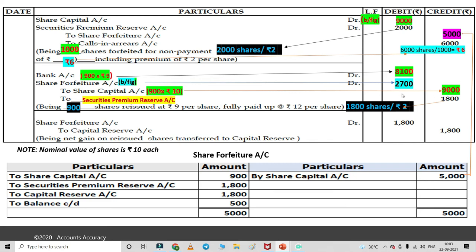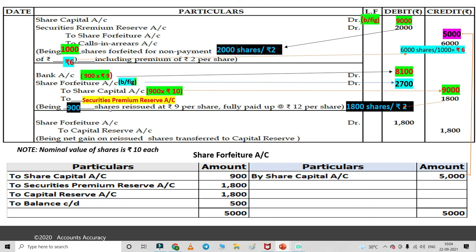So as we have got the value of share forfeiture account, 2,700, we can also check whether it's the correct value or not by seeing the capital reserve value. Here we can see that 5,000 was the share forfeiture for 1,000 shares. That means 5 rupees was the amount per share which got forfeited. So for 900 shares also 5 rupees per share has been forfeited.